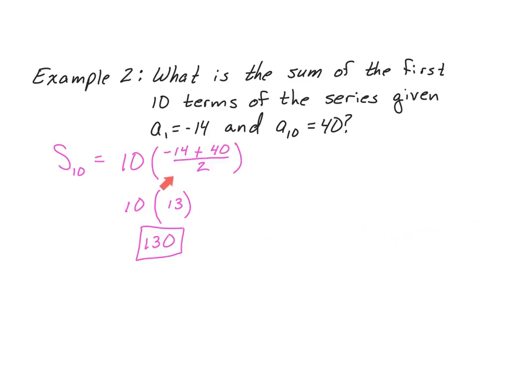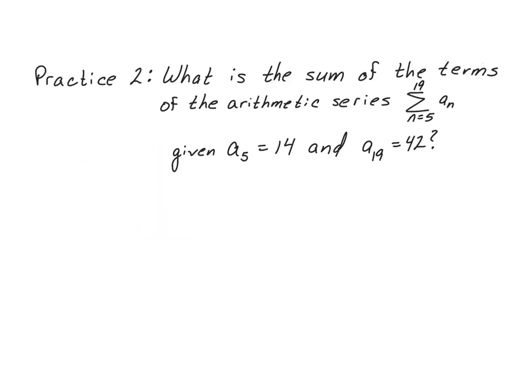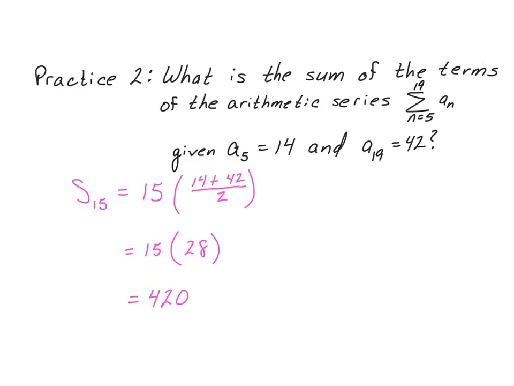It's much easier to use this formula right here. All right, take a second to write this problem down, and then I want you to work this out, and then I want you to pause the video right now, and then come back in just a few minutes after you work this problem out.